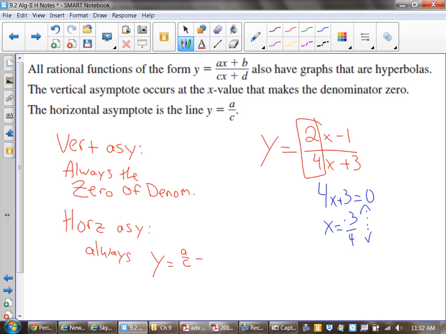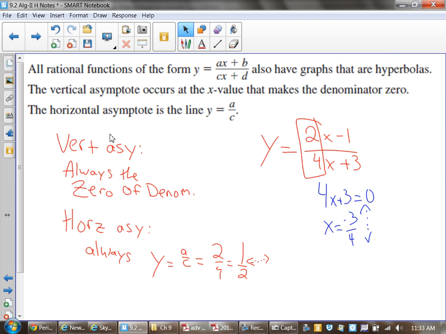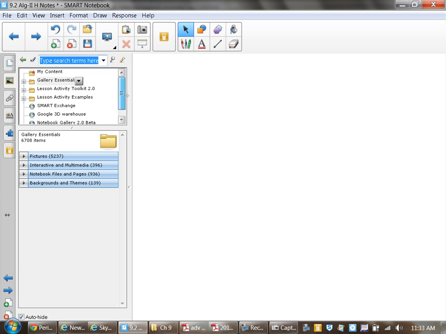In my example here, it's 2 over 4, otherwise known as 1/2. And that would be my horizontal asymptote. And again, it's okay to have fractional asymptotes. It's not a big deal at all. If I wanted to look at this graphically, I'll split screen this here in a second and just get a graph up.